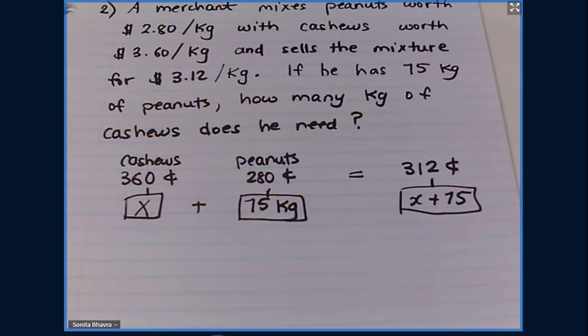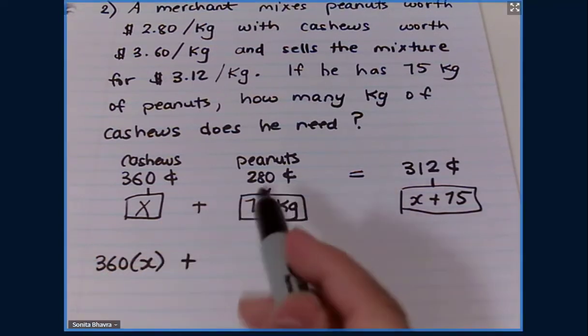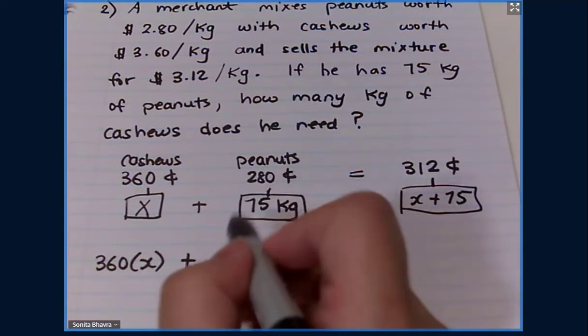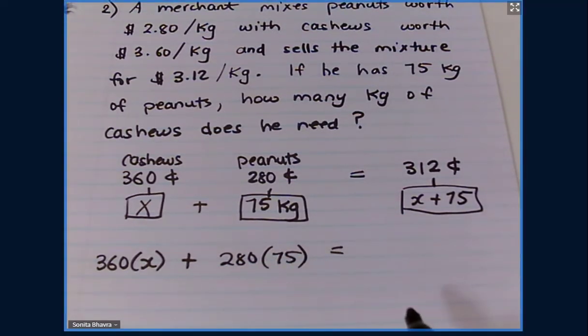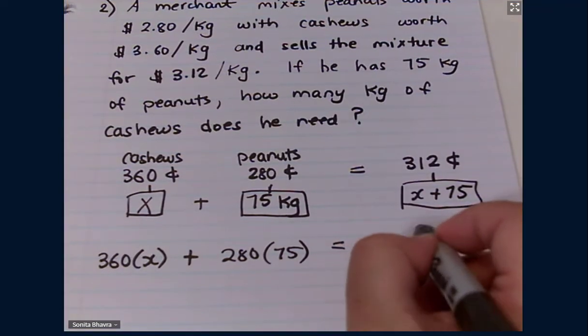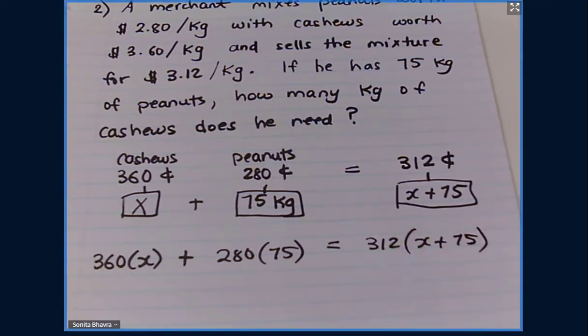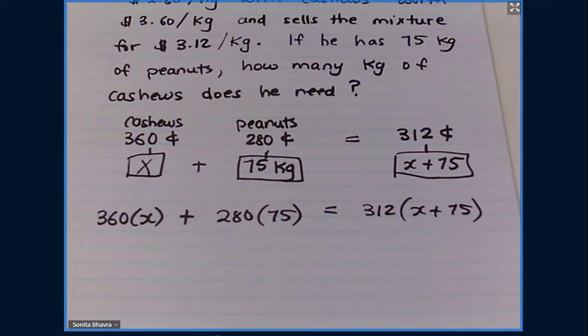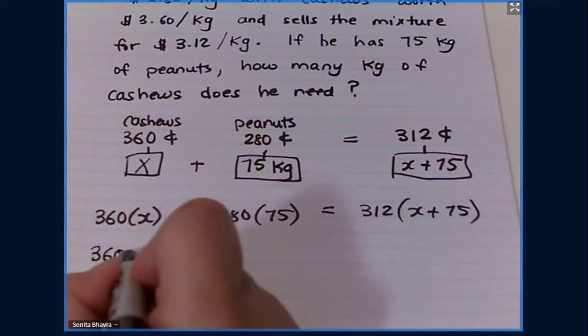Now we can go ahead and multiply our value and our weights together. So we would have 360 times X plus the 280 times 75, and it's equal to 312 times (X plus 75). We can multiply this out and then isolate for X and solve for X. So we have here 360 times X, that's just 360X.